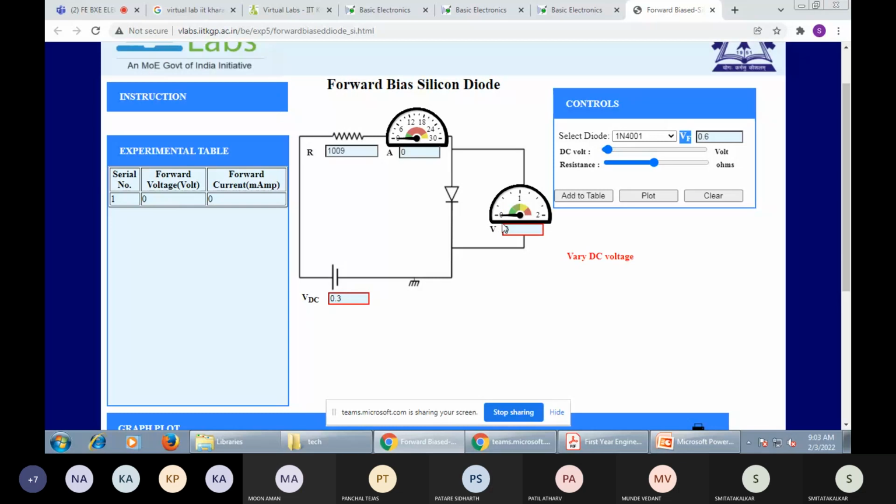This is also 0. Current is also 0. That's why add to table does not respond, because it is obviously 0. Till 0.6 the voltage is 0. This is also 0.5. I am changing the voltage VDC to 0.5.